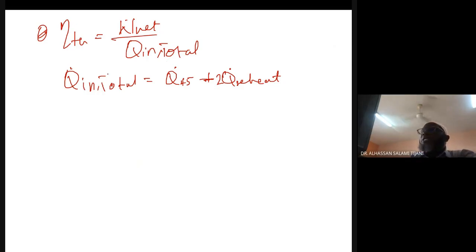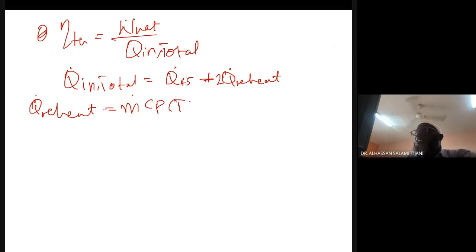Okay. So Q reheat equals mass flow rate, specific heat capacity, T7 minus T6A.